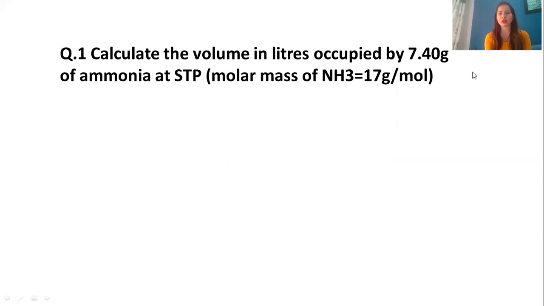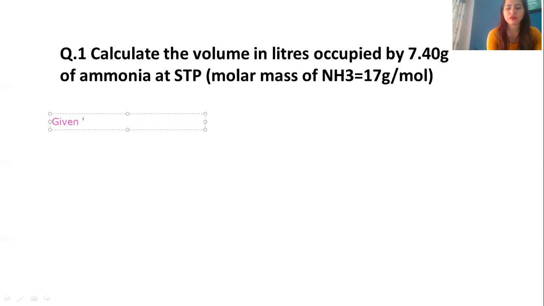So I have a question over here. Calculate the volume in liters occupied by 7.40 gram of ammonia at STP. Molar mass of ammonia has been given as 17 gram per mole. So what do I have as given over here?